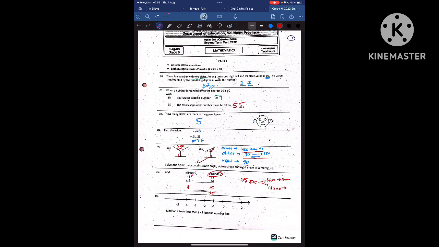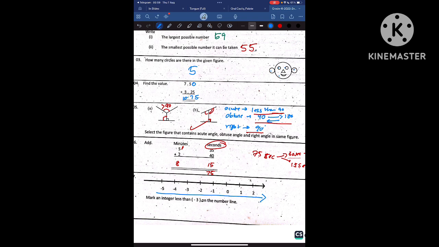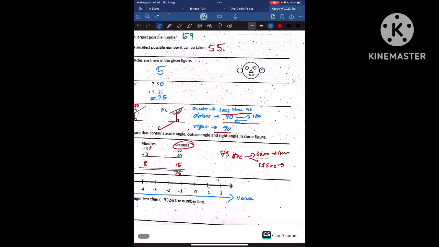Next one is mark an integer less than -3 on the number line. So, before talking about this, tell me what happens when we go to this side? The value increases. Keep this in mind. If you don't know that, you can't get the answer.